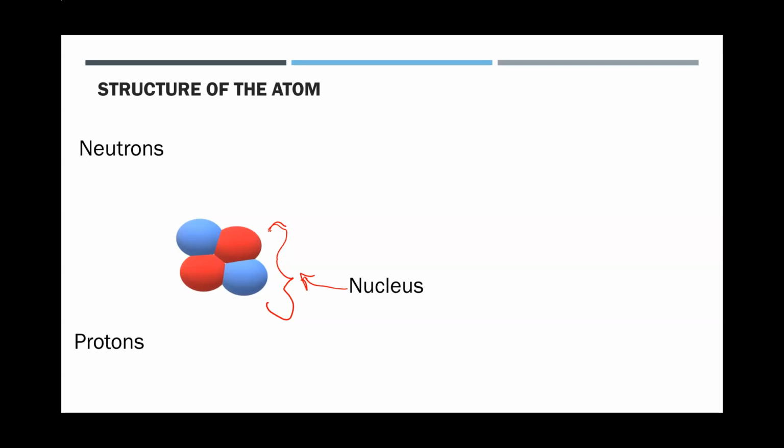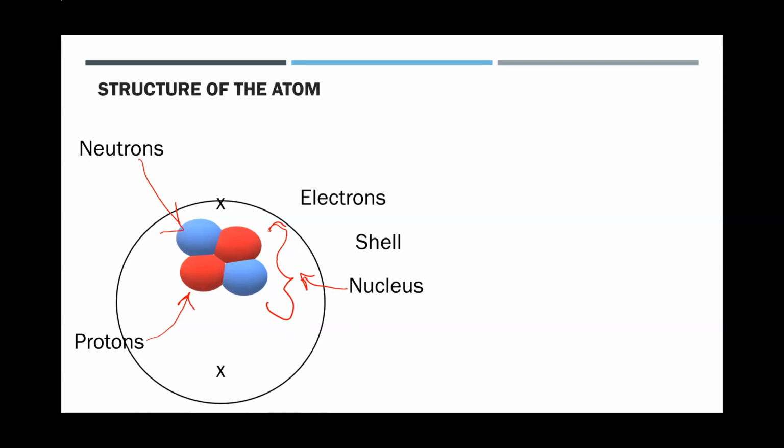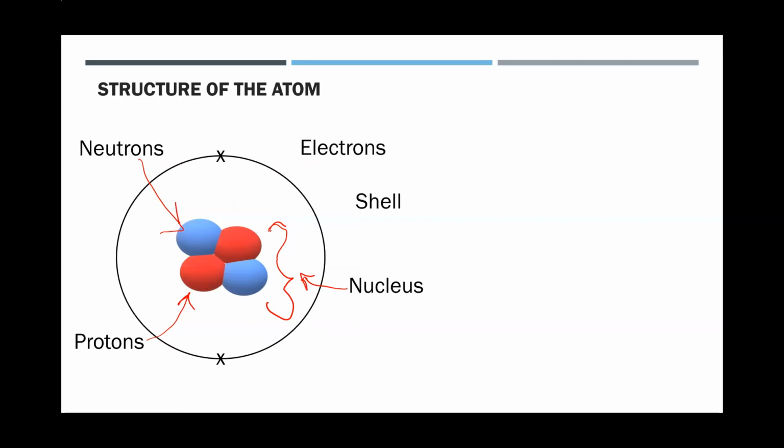Remember we chose the red ones being protons and the purple being neutrons, so there are protons and neutrons. Then we have our electrons whizzing around the outside, and we normally represent them as crosses, orbiting the nucleus in shells.